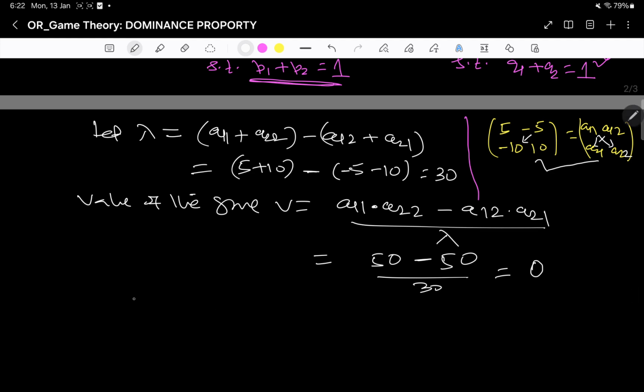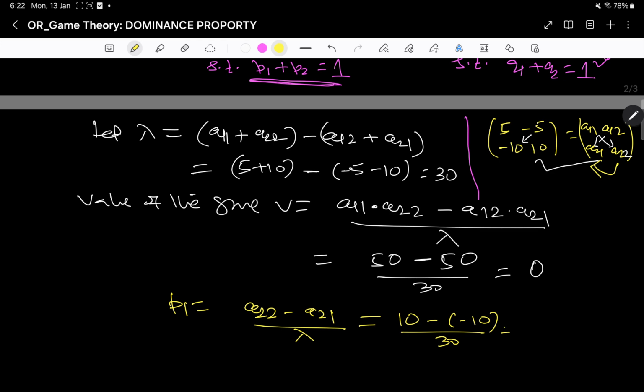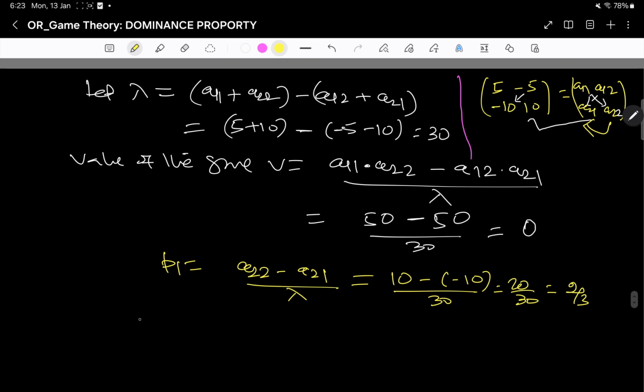Now coming to what is here P1. Here P1 will be equal to A22 minus A21 divided by lambda, right? So it is here 10 minus of minus 10 by 30 is 20 by 30, is here 2 by 3. So this implies P2 is 1 minus P1, is 1 minus 2 by 3, is 1 by 3.